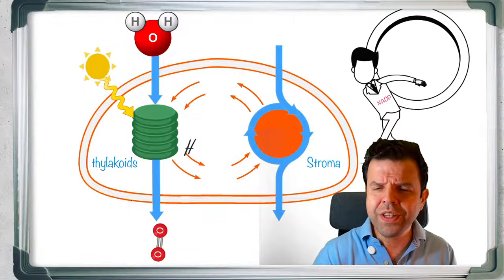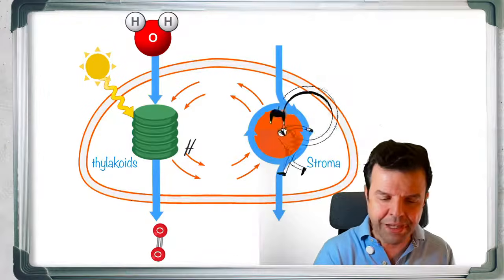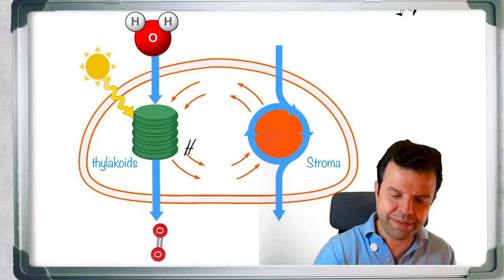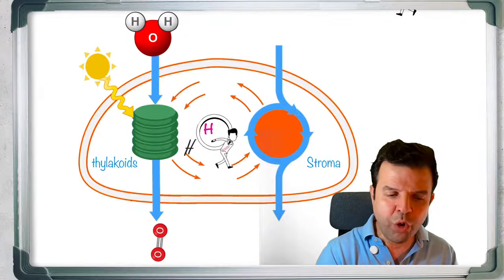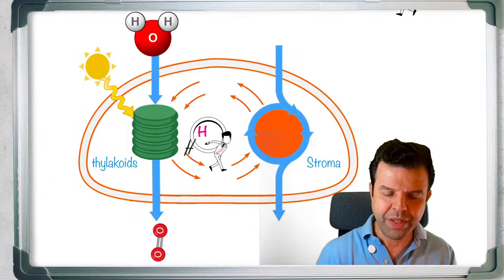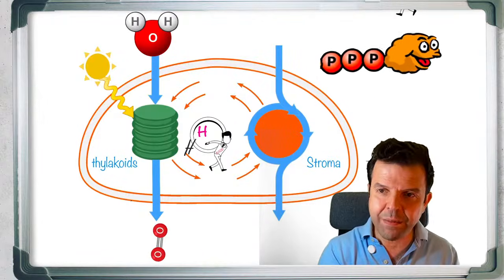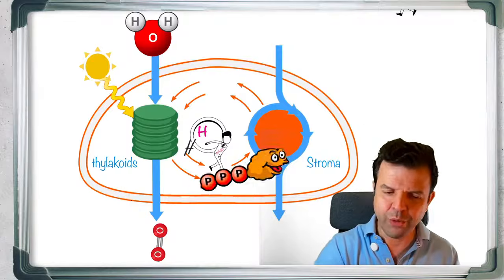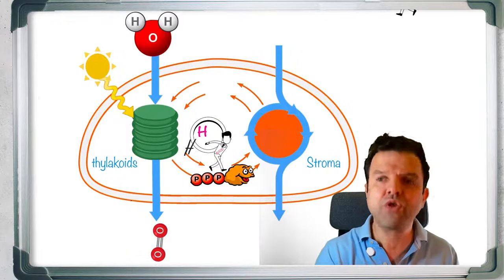This was the coenzyme NADP. That's the one that's going to carry my hydrogen from the thylakoid all the way to the stroma. Also, I'll be phosphorylating ATP because I need it. Soon you'll realize why it's needed. And those are going to go to the stroma.